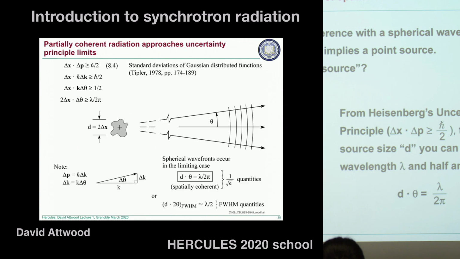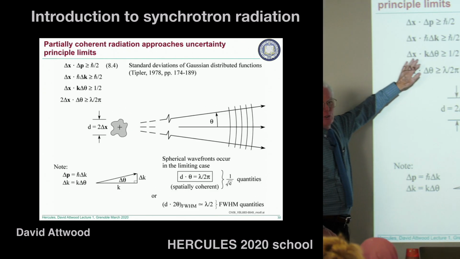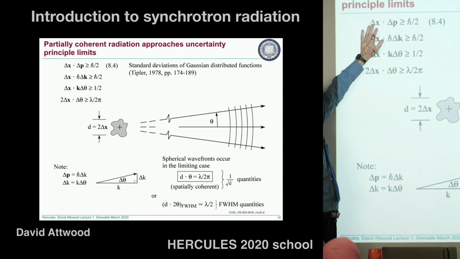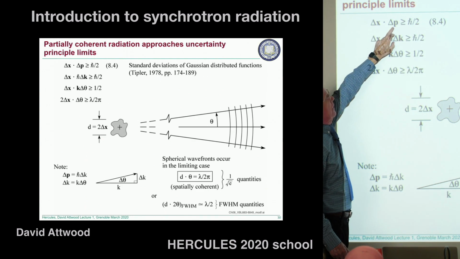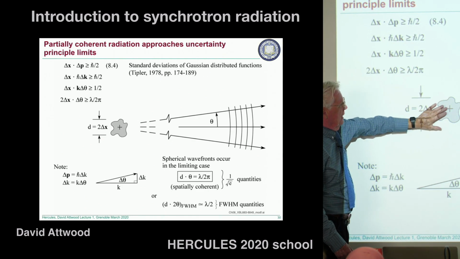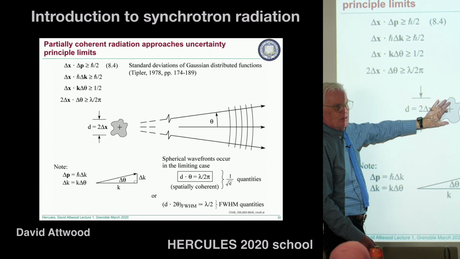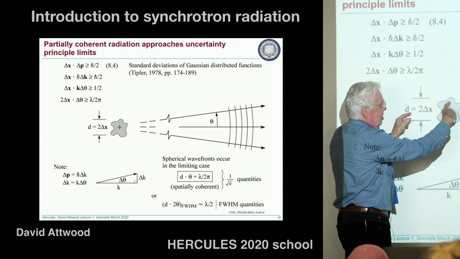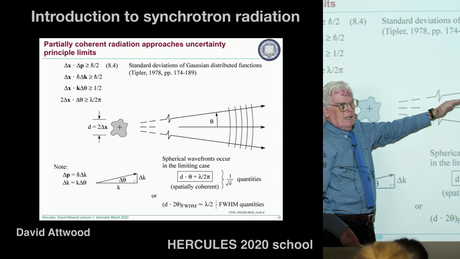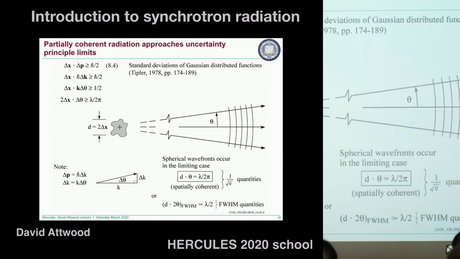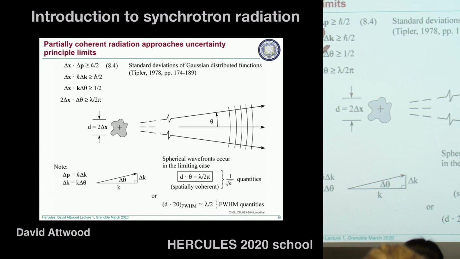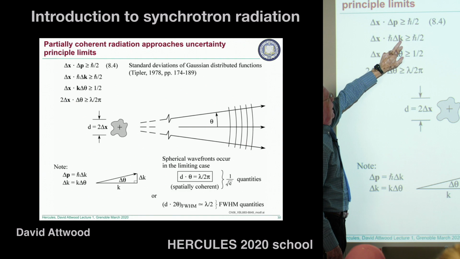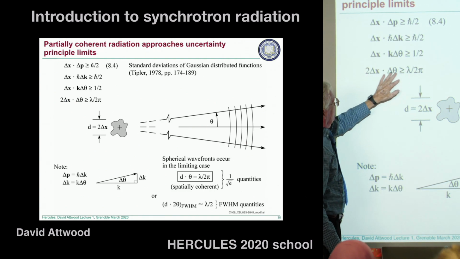Okay? So for those who are interested, this is how you go from Heisenberg's uncertainty principle, where again, these are RMS quantities. P is the momentum of the photon. So I'm looking at a diagram like this. This is my source. I don't know where the photon came from, top, bottom, or whatever. So there's an uncertainty here, and there's an uncertainty here as to what angle it came out at. And if I replace the momentum P by h bar k, and k by 2 pi over lambda, I'll get this relationship.